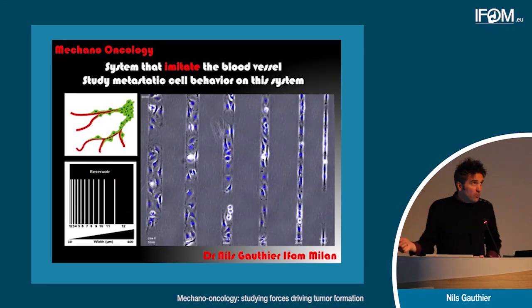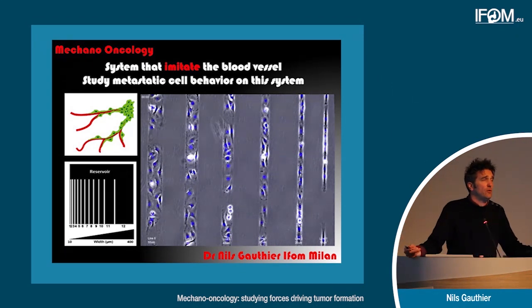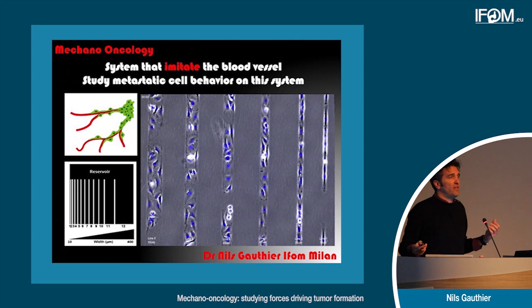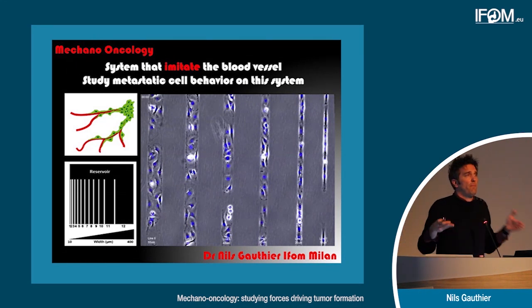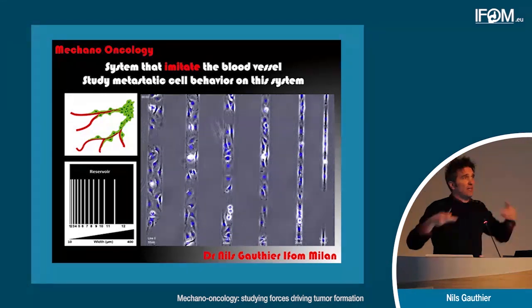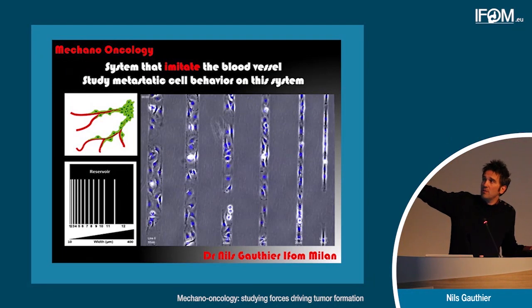In the mechanobiology and mechano-oncology approach, we are trying to mimic that to understand what's going on. How do you mimic blood vessels without having a patient? You try to look at how you can make those highways, how you can have straight lines that look like blood vessels. So we make a pattern that looks like blood vessels.